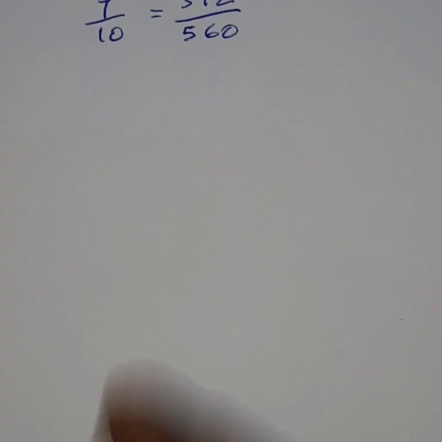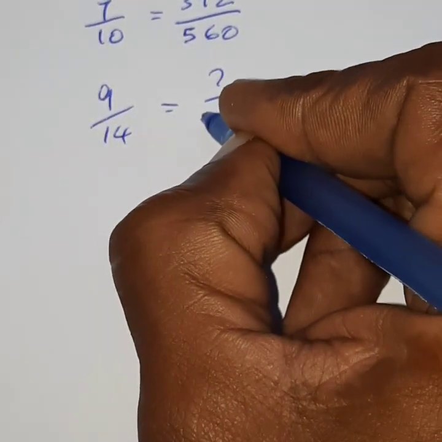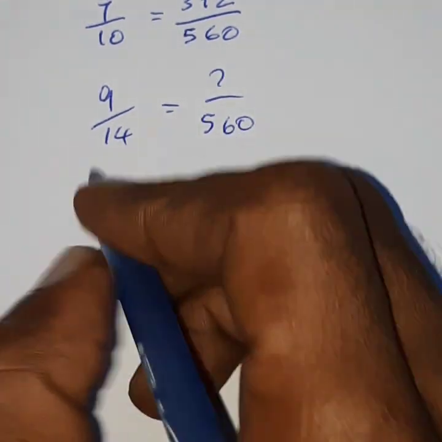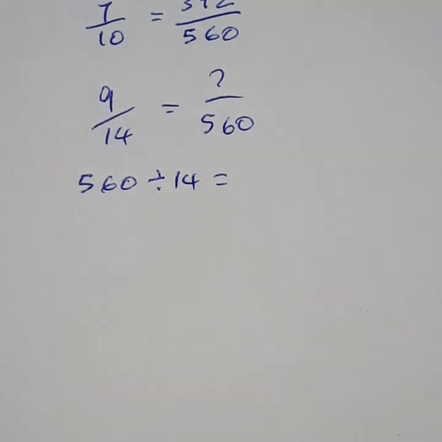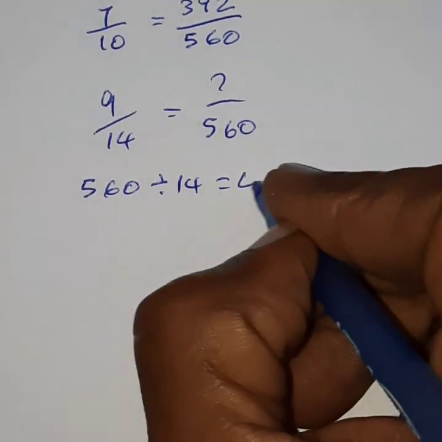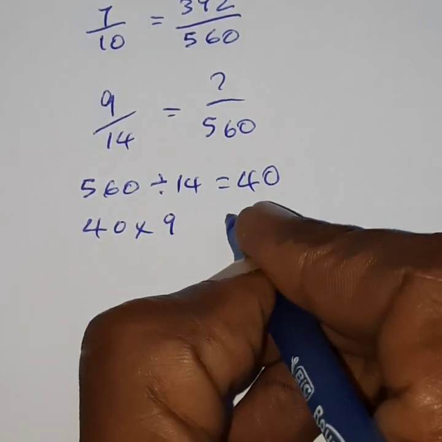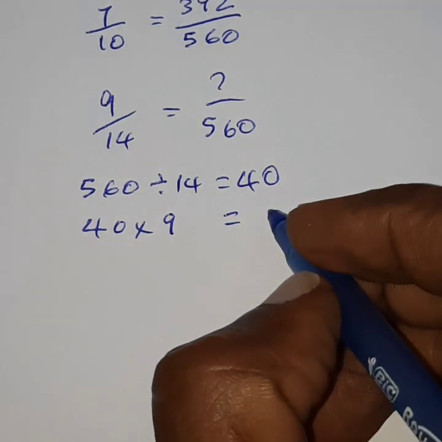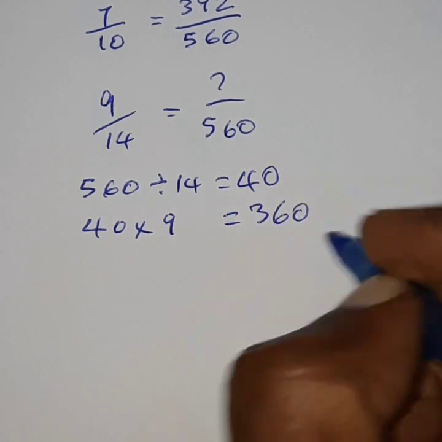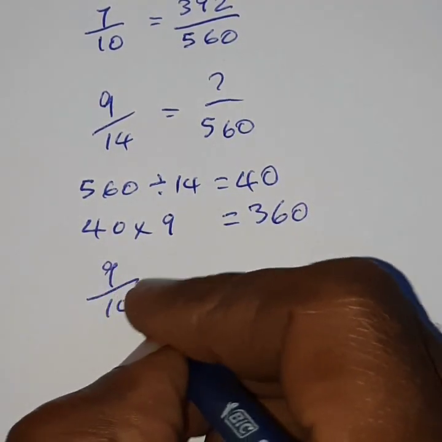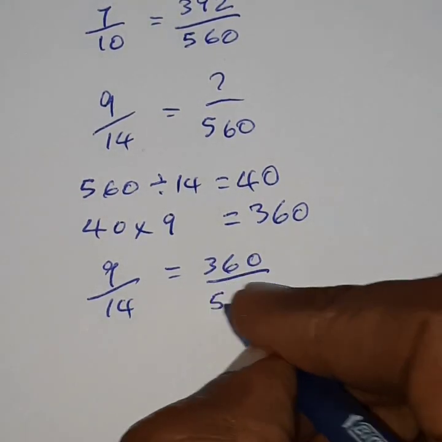Now for 9/14. 9 over 14 equals question mark over 560. So 560 divided by 14 equals 40, and then 40 multiplied by 9 is equal to 360. So 9/14 is equivalent to 360 over 560.